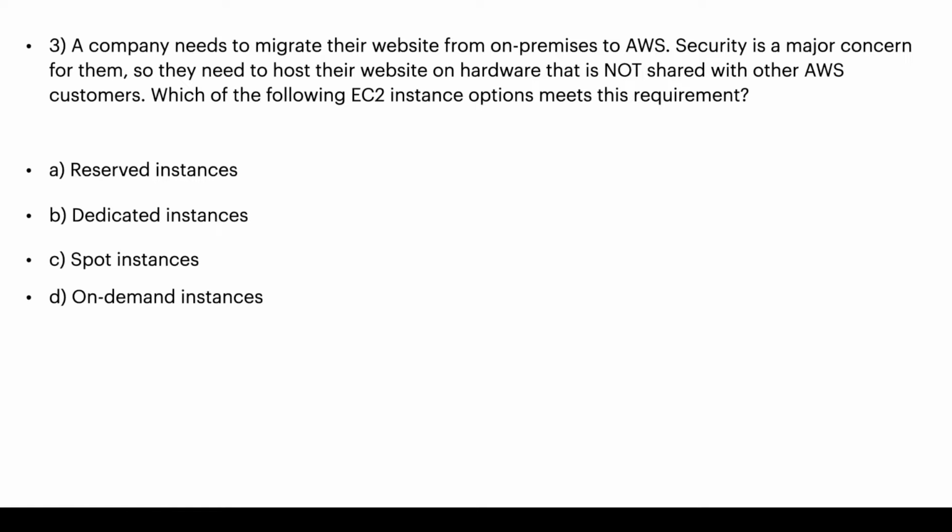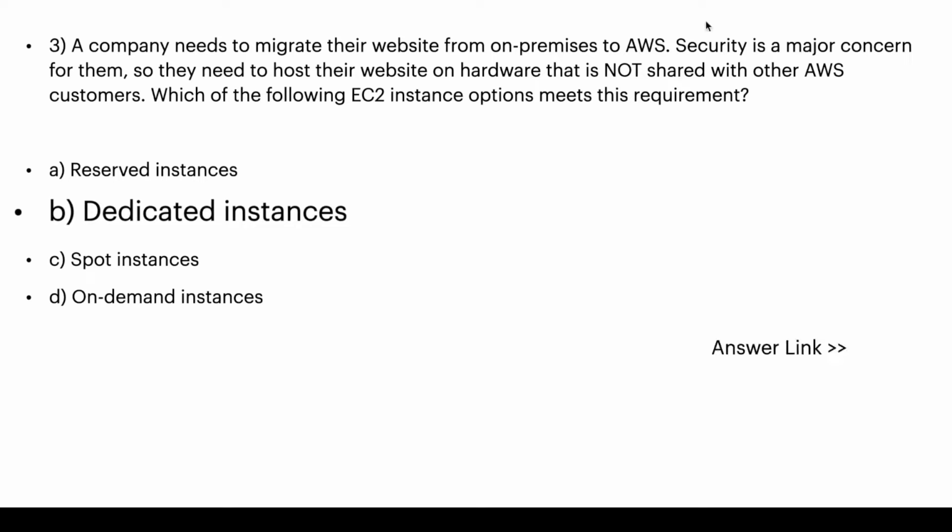A. Reserved instance, B. Dedicated instance, C. Spot instance, and D. On-demand instance. They said that the hardware has to be not shared with other AWS customers. For that, the right answer is B, dedicated instance.